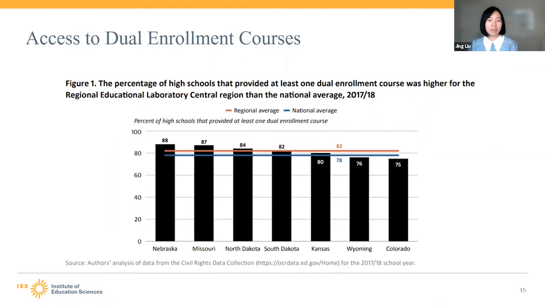On average, the percentage of high schools that provided at least one dual enrollment course was higher in the REL Central region than the national average, which is 84% compared to 78%. Next slide, please.